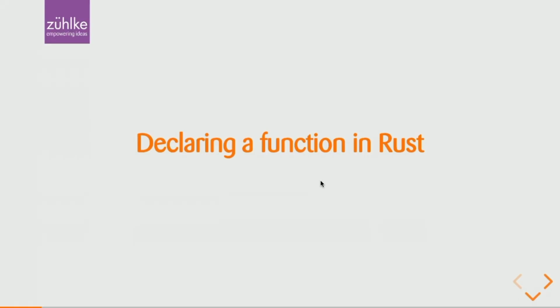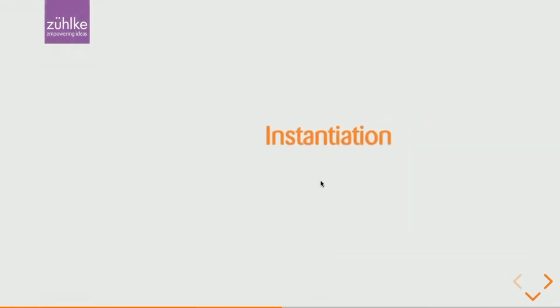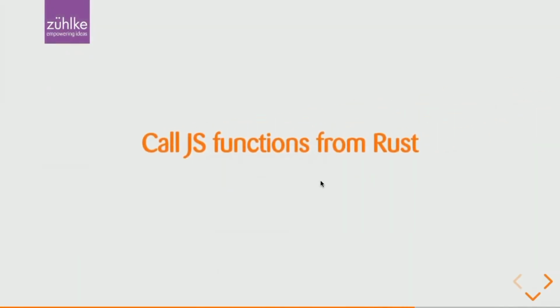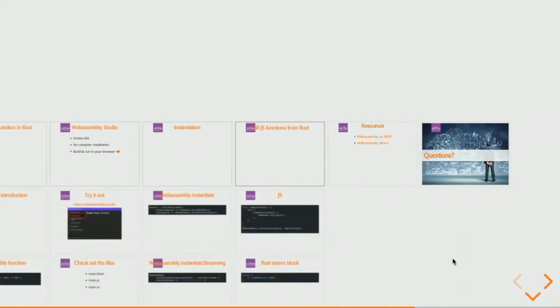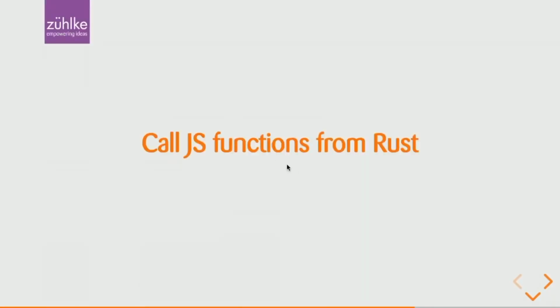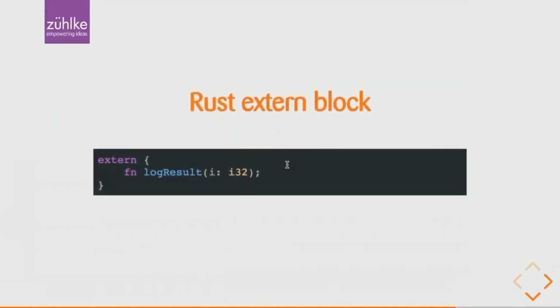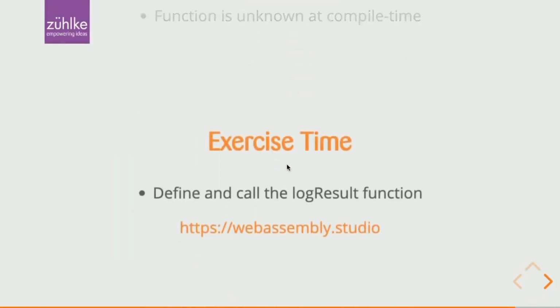Now we are at call JS functions from Rust. If you hit escape, you will get into this overview. This is actually the last exercise for that chapter. You can go into here, and then you see all these code blocks.